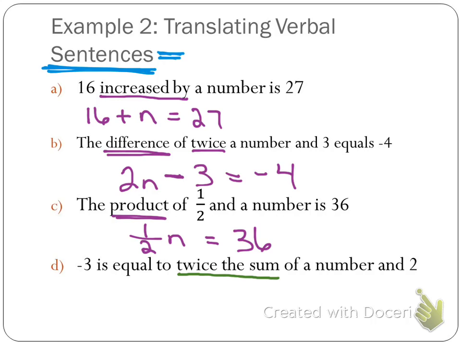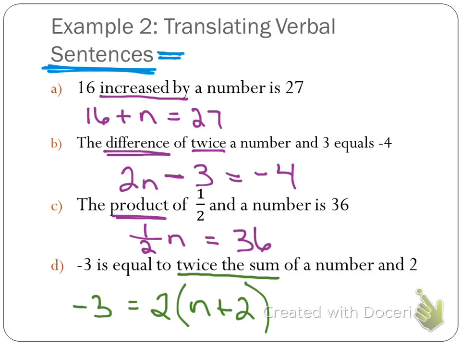But let's go back to the beginning. -3 is equal to, wait a second, equal is right there at the beginning. That means that your equal sign needs to be at the beginning of your expression. -3 equals twice the sum of a number and 2.